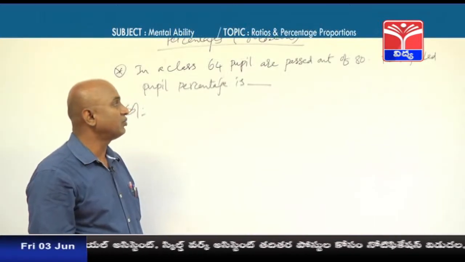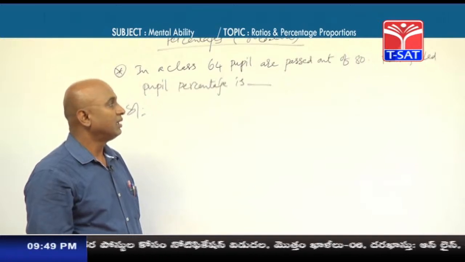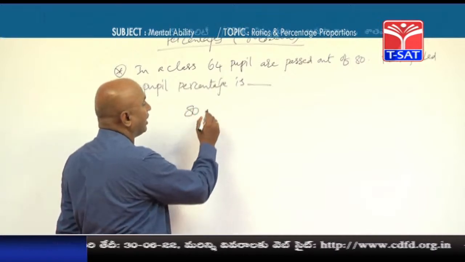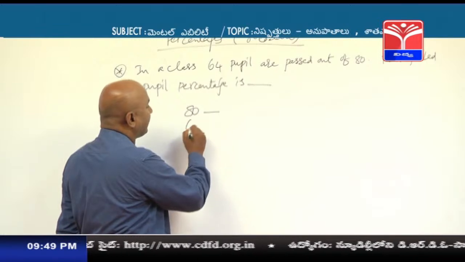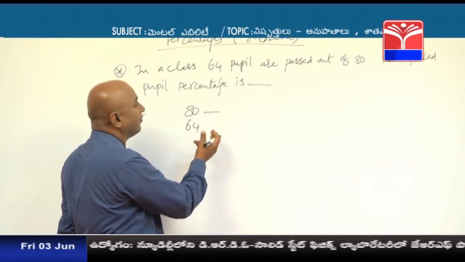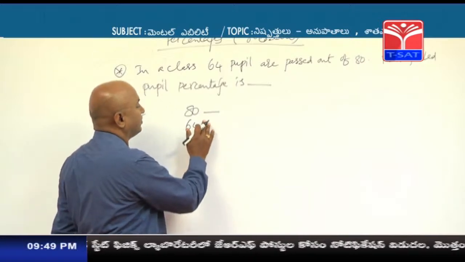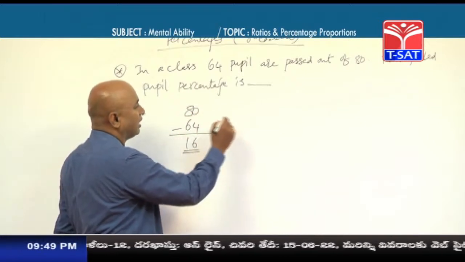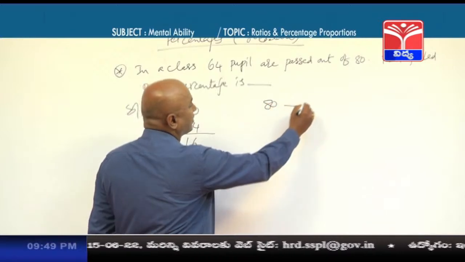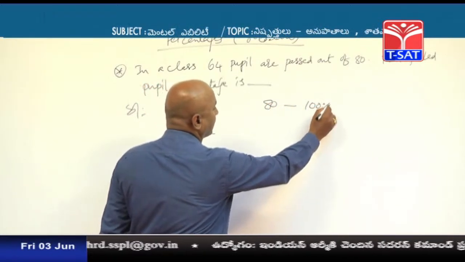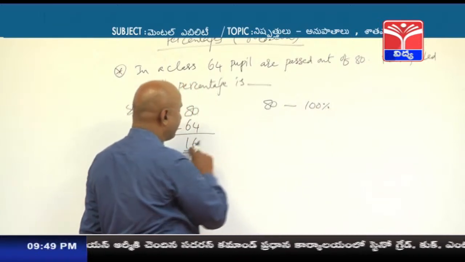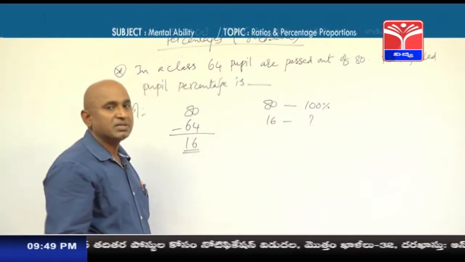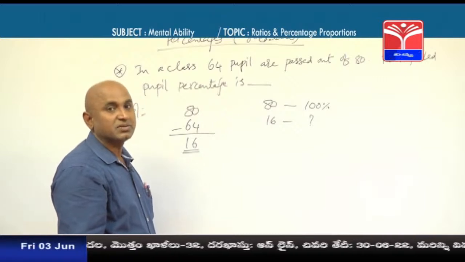64 people are passed out of 80 people. Then the failed people percentage is? ఒక క్లాసులో మొత్తం విద్యార్థుల సంఖ్య 80. వాళ్ళలో 64 మంది కనుక పాస్ అయితే ఫెయిల్ అయిన పీపుల్ యొక్క పర్సంటేజ్ ఎంత అంటున్నాడు. 80 మందిలో 64 మంది పాస్ అయితే ఫెయిల్ అయిన వాళ్ళు వచ్చి 16 మంది. ఇచ్చినటువంటి సంఖ్య 80 అనేది 100% సమానం. అప్పుడు 80 వచ్చి 100% అయితే 16 మంది ఎంత శాతం అవుతారు అంటున్నారు. సో if 80 corresponds to 100%, then 16 corresponds to what percent?